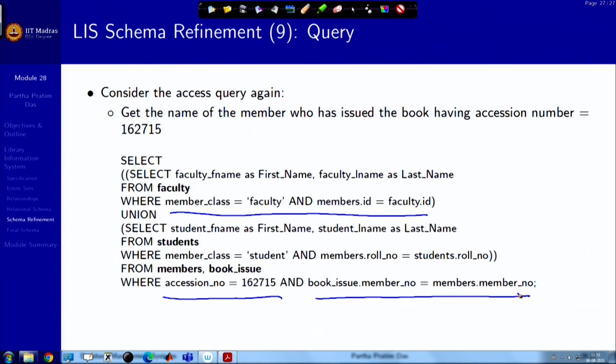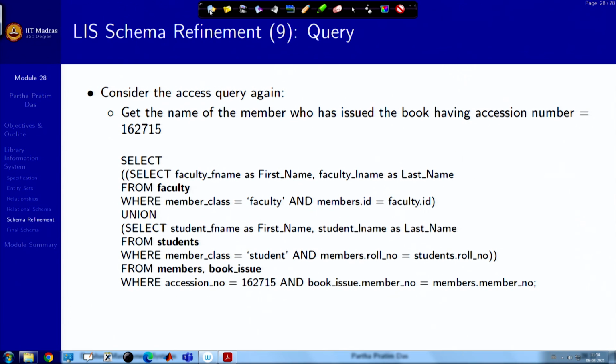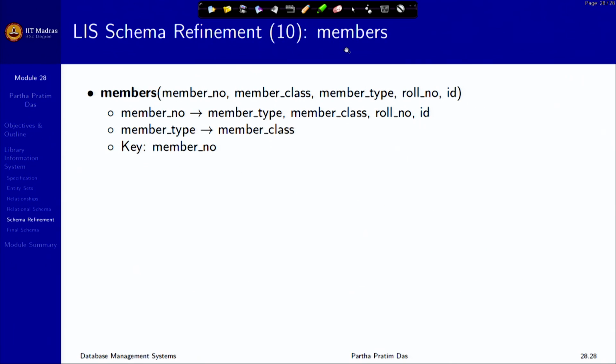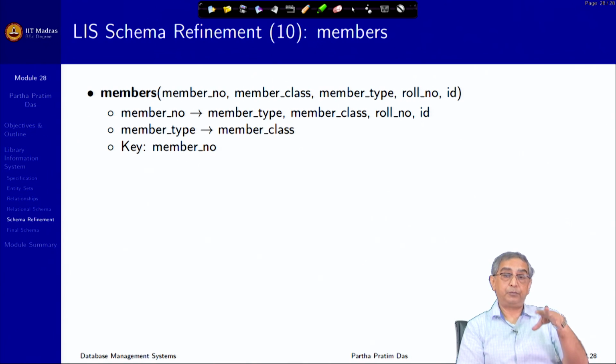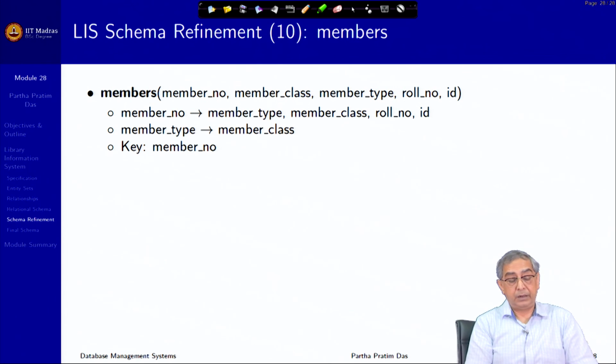So, you check whether this is in student or this is in faculty, any one of them will be not null, take a union and you get the final result. So, this was just a quick way to show that you may need to extend the design for supporting the right queries and for doing the right design.